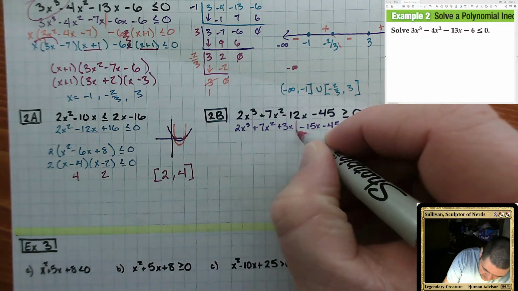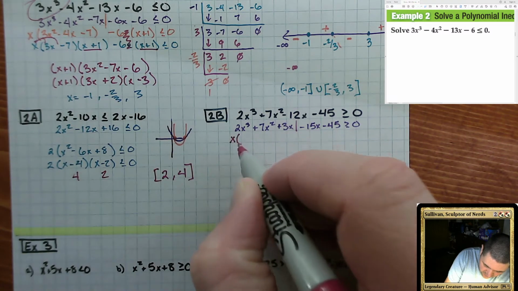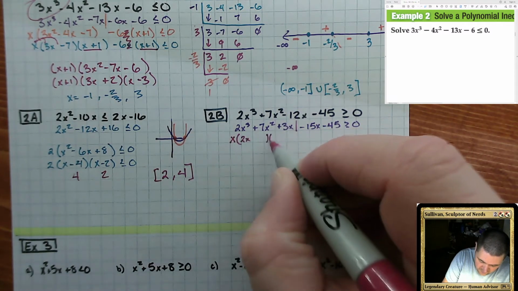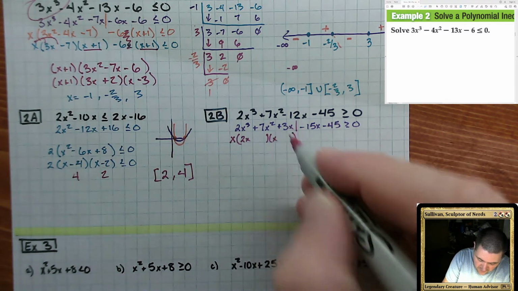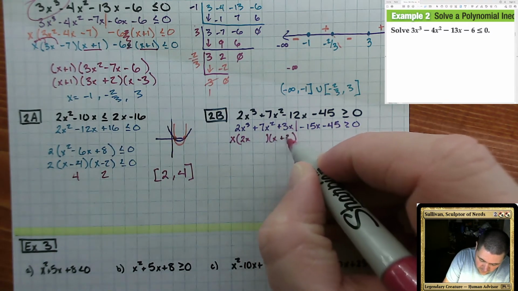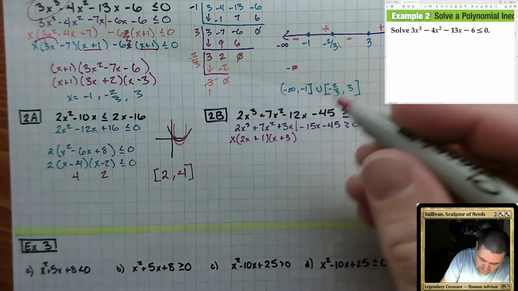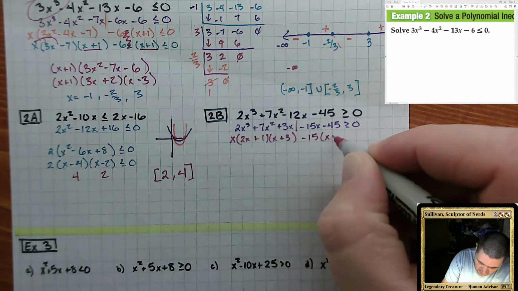If I cut it right there, this side, take out an x and then factor the remaining quadratic. We'll have a 2x and an x. Factors of 3 that will get me to a 7 in the middle are 3, so 2 by 3 is 6, and 1. Over here I'll take out a negative 15, leaving an x plus 3.